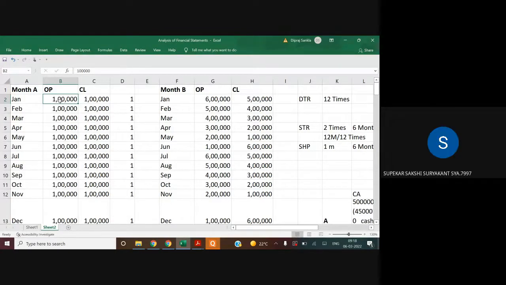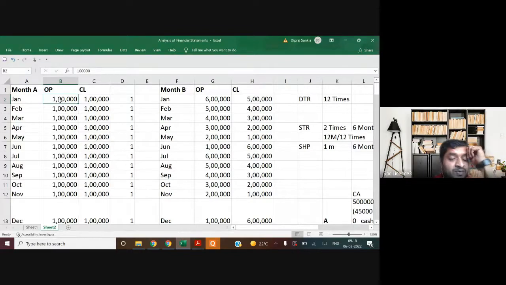Then only that customer will be eligible to buy the second lot on credit from the company. So let's assume that it has cleared the entire amount within 1 month, and as on 31st January again it has bought goods on credit from this A company worth rupees 1 lakh, and the same thing is happening till 31st December.